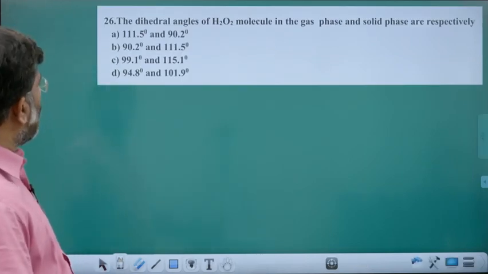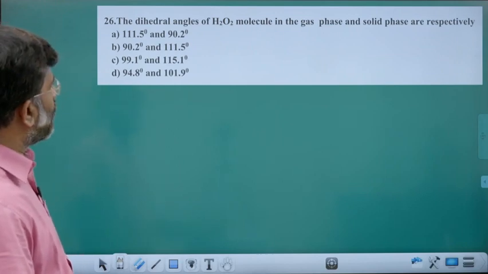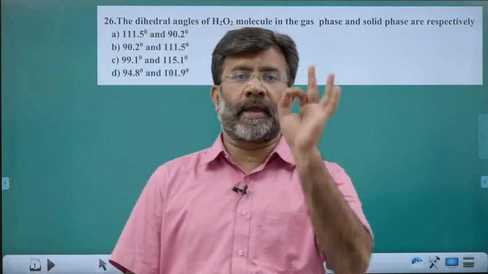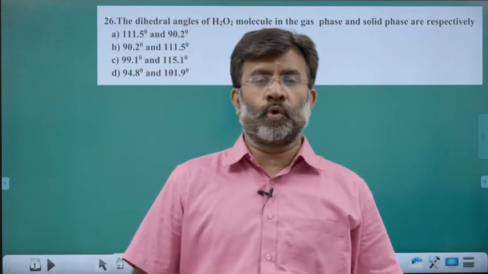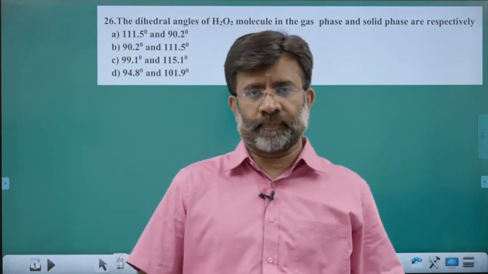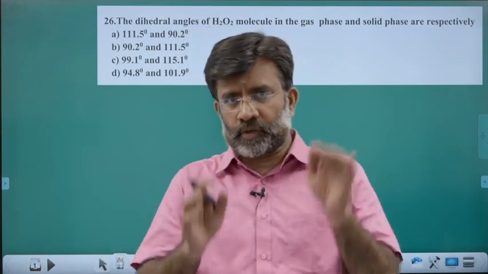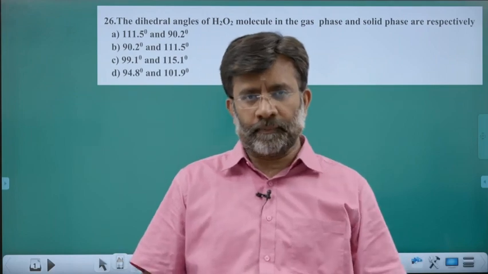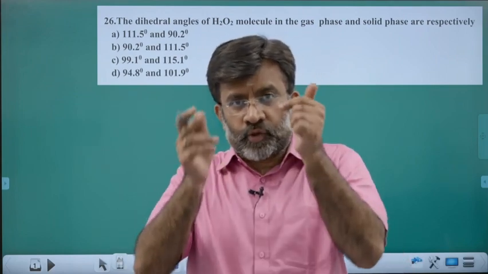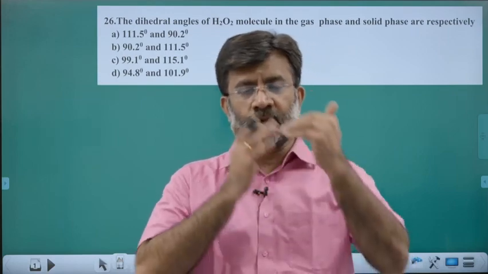The dihedral angle of the H2O2 molecule in the gas phase and the solid phase. You have to go through the molecular dimensions of H2O2 given in the gaseous state and the solid state. As I told earlier, open book structure. The dihedral angle, HOO bond angle, OO bond length, HO bond length in solid phase and gaseous phase.